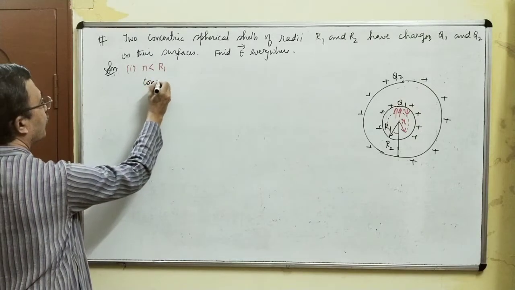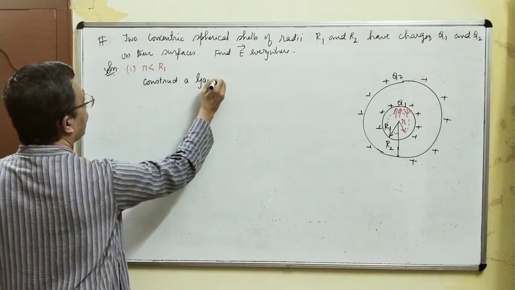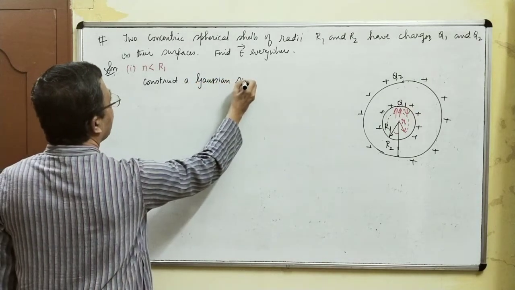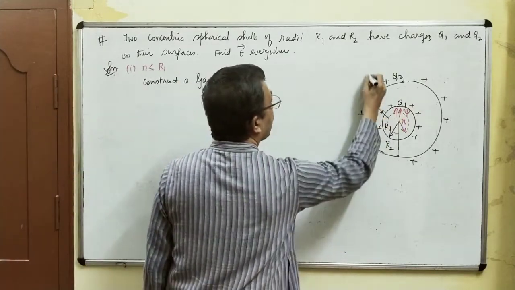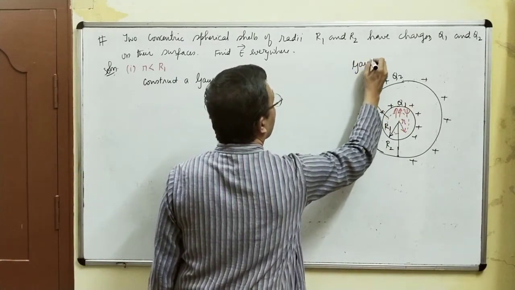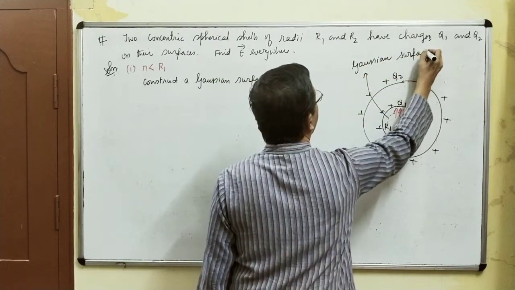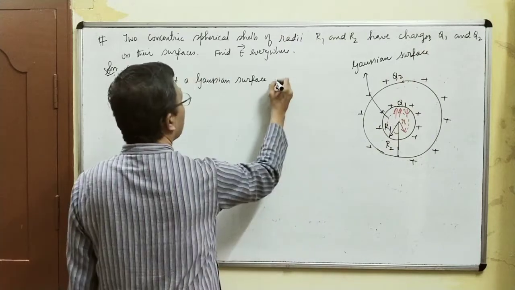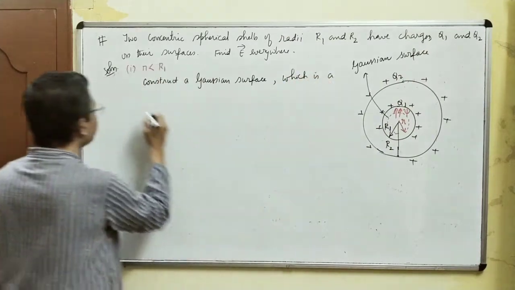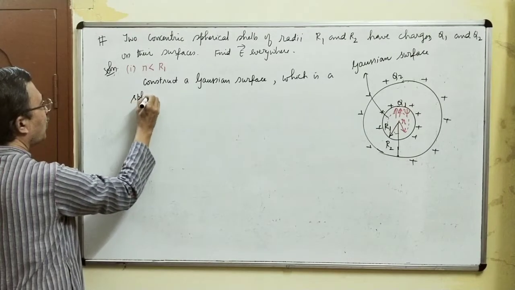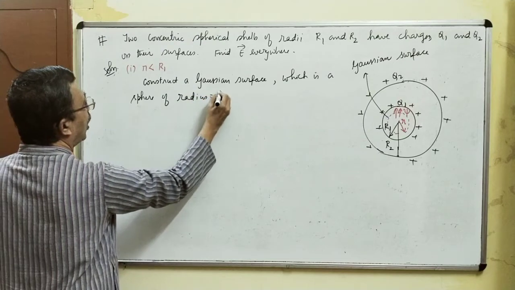Construct a Gaussian surface. This dotted sphere is the Gaussian surface, a sphere of radius equal to r.